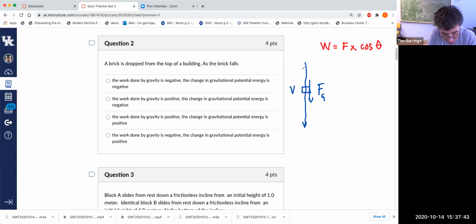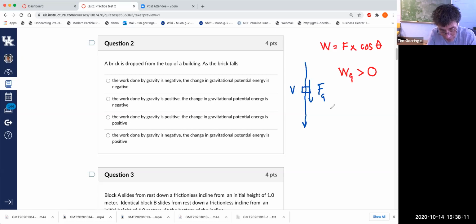In this case, the displacement is downwards. The force is downwards. Gravity and displacement are in the same direction, so it's cosine of 0 degrees. So in this case, the work done by gravity, I don't need to know the number of joules, but it will be positive because displacement and force are in the same direction.